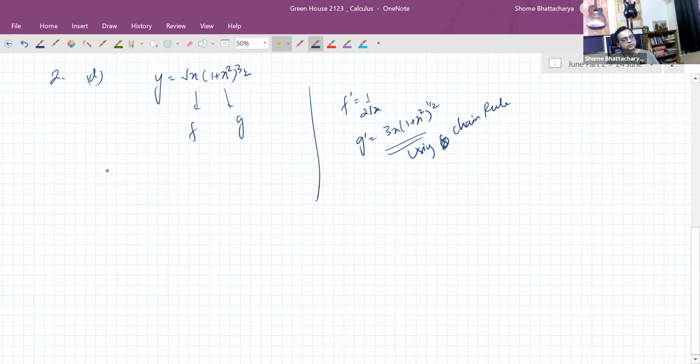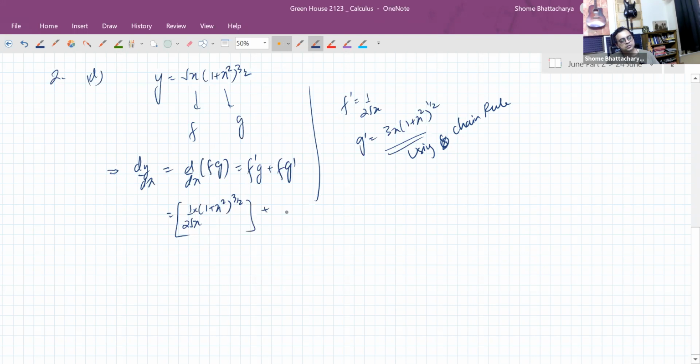So once you got this, now we can see that by product rule, dy by dx will become differentiation of f into g plus f into differentiation of g, plus root x into 3x into (1 plus x squared) to the power half.